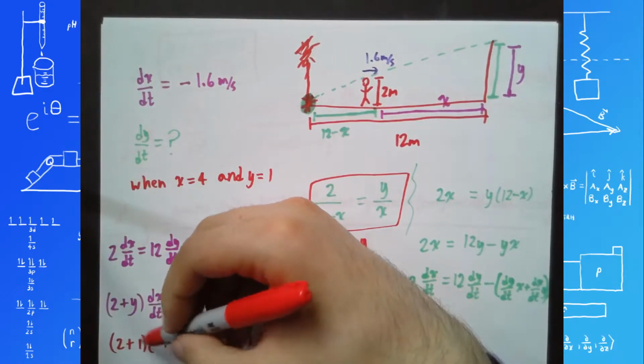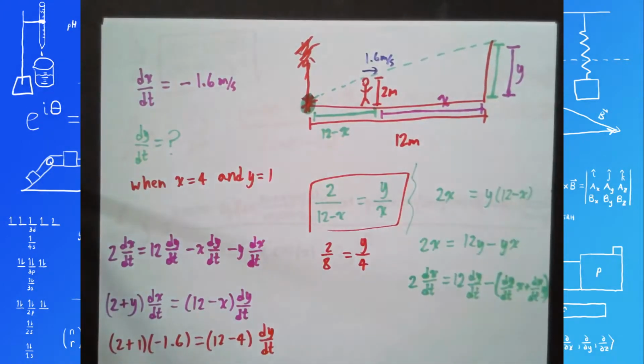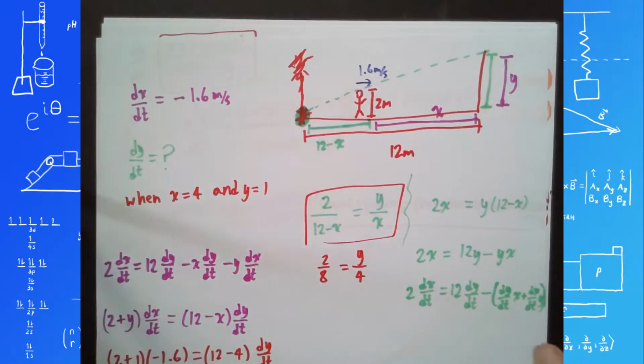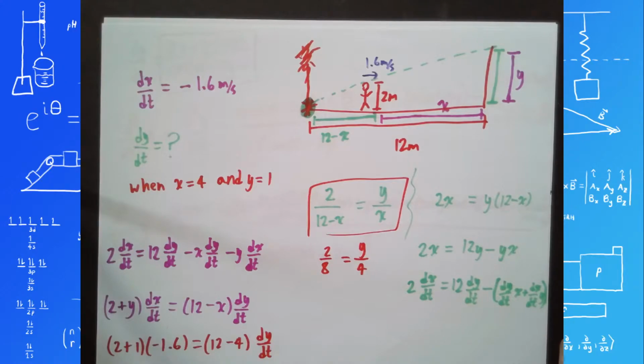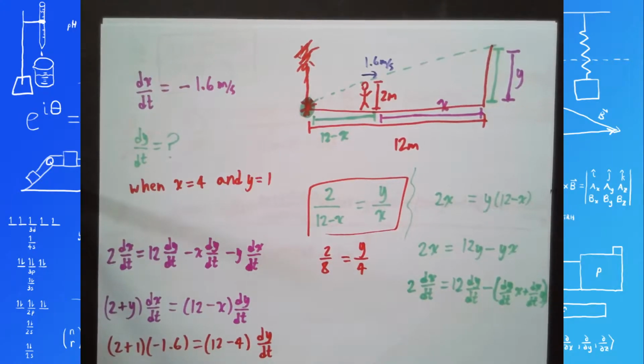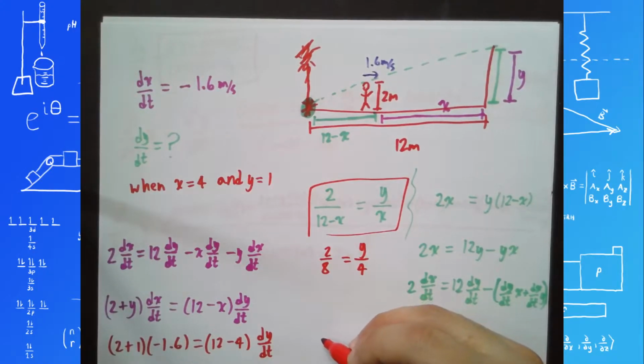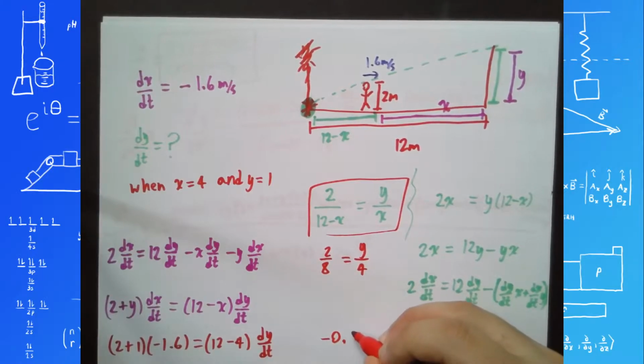Let's see, 3 times negative 1.6 is negative 4.8, and then over here we've got an 8. Negative 4.8 divided by 8 should be negative 0.6. So we get negative 0.6 equals dy dt.